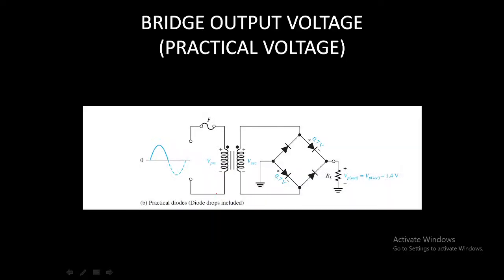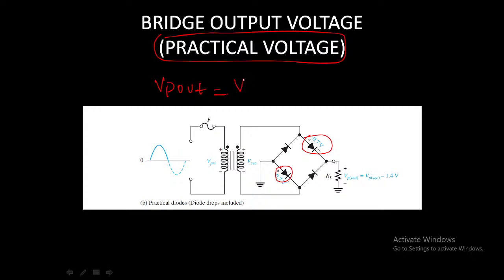What if the diode is not ideal? That is, if the diode is a practical diode, then there will be a voltage drop across these diodes. There will be a 0.7 volts drop across these diodes. So in the practical diode, there will be a drop. Then what happens? Then peak voltage VP out will be equal to VP secondary minus 1.4 volts.